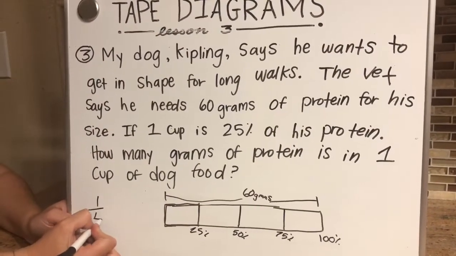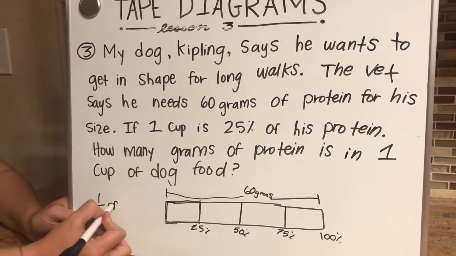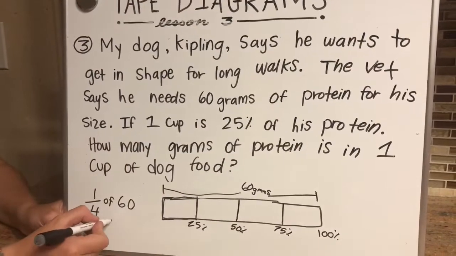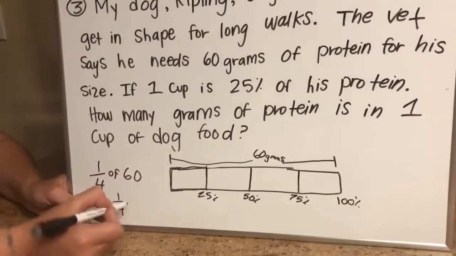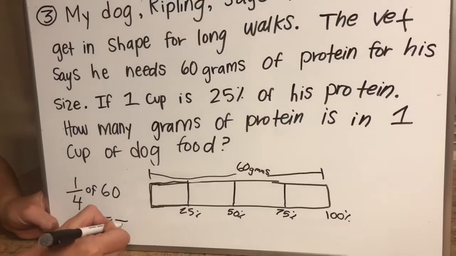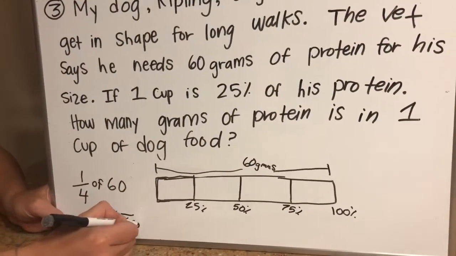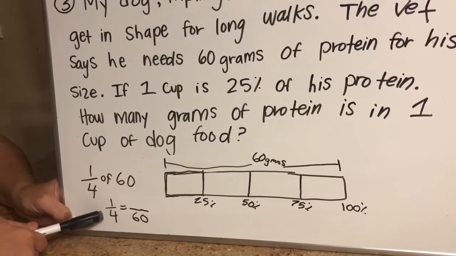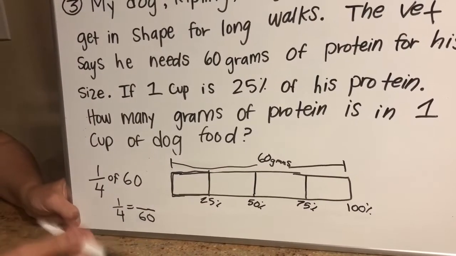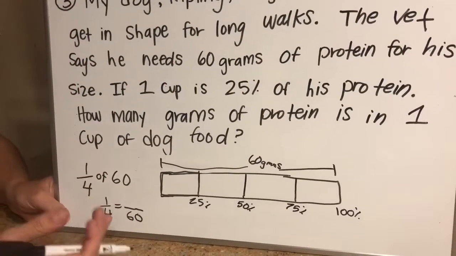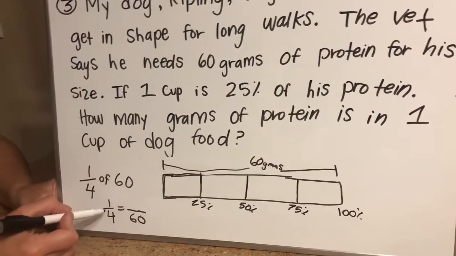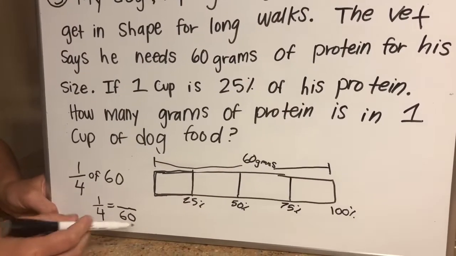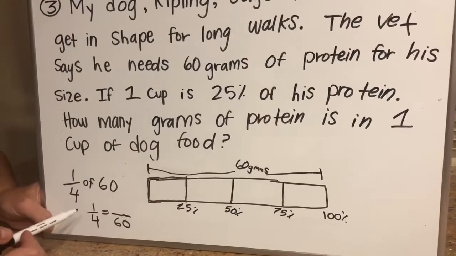So 1/4 of 60. 1/4 of 60 is written out like this. 1/4 equals something, and we know that 4/4 is 100%, and 60 is how many grams he needs. That's the whole number. So we need to figure out how many times 4 goes into 60. One way you can figure that out is by dividing 60 by 4.